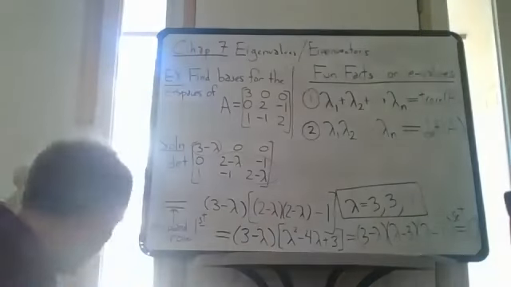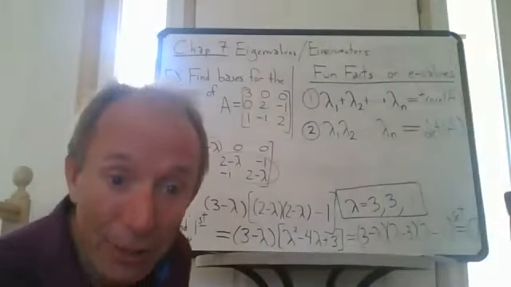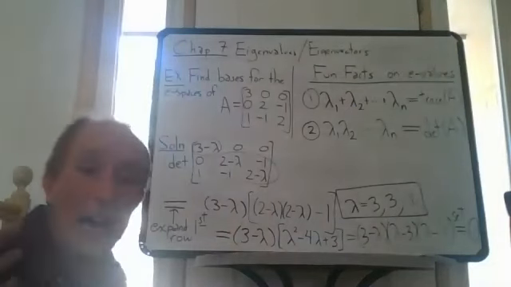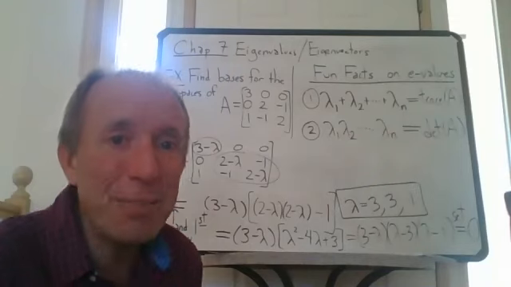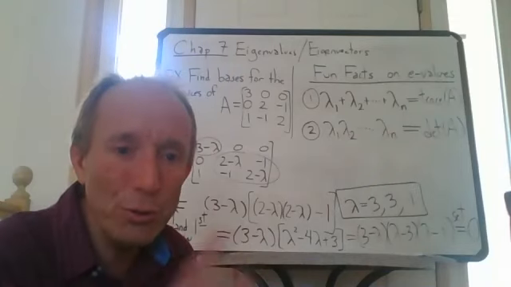Okay, now that's the eigenvalues, but we still have to find the eigenvectors. We're going to have 2 eigenspaces here because we have 2 distinct lambdas.